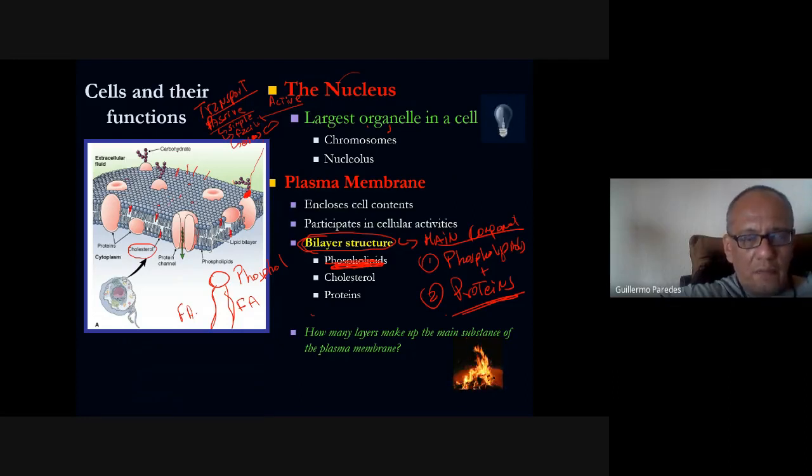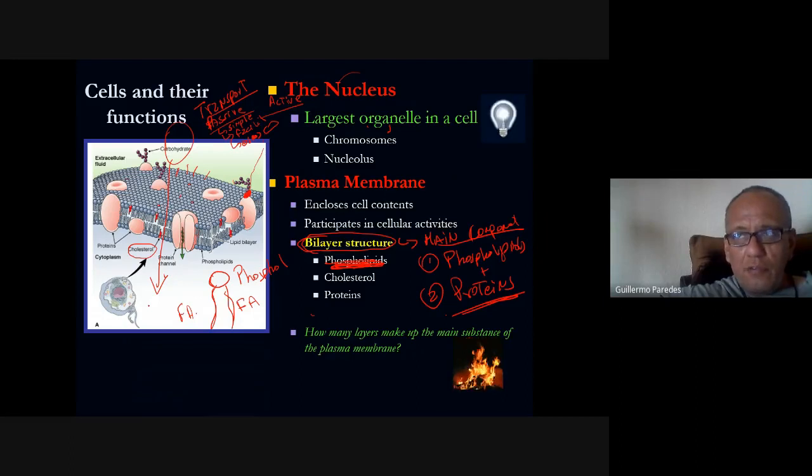In simple diffusion, for example, with a high concentration of oxygen, it passes in between the phospholipids, from outside to inside the cell.